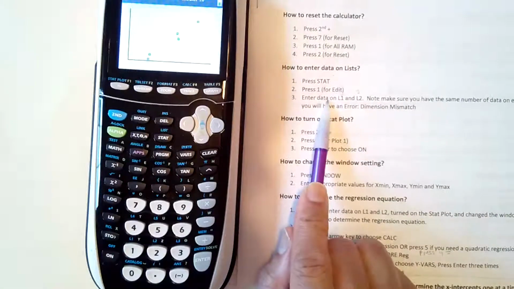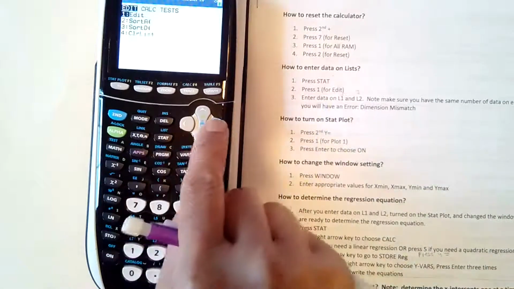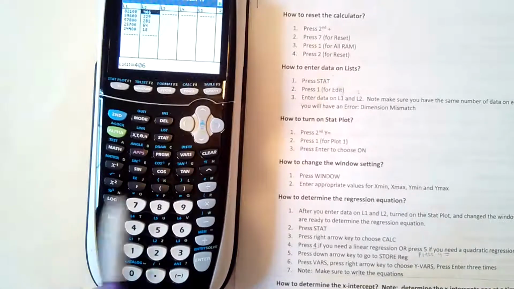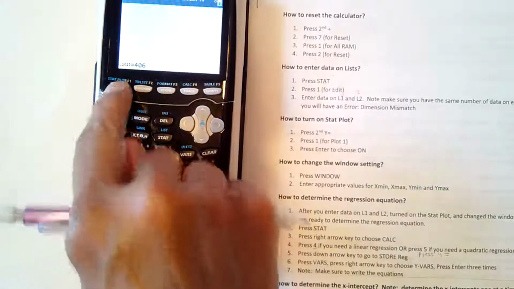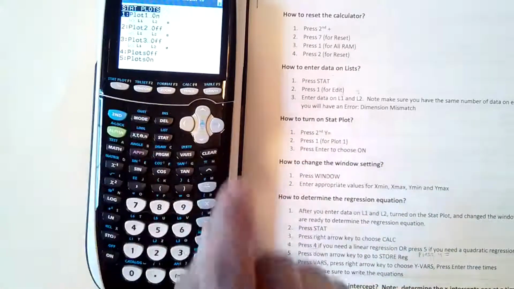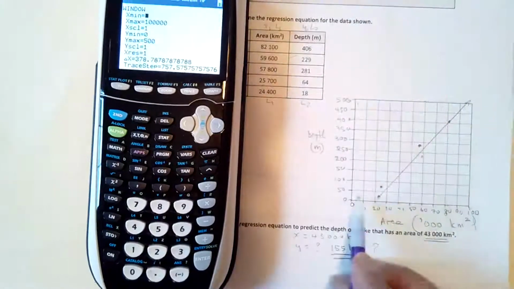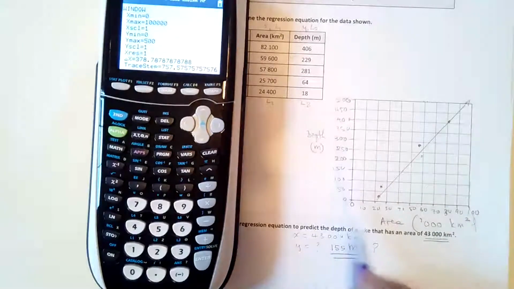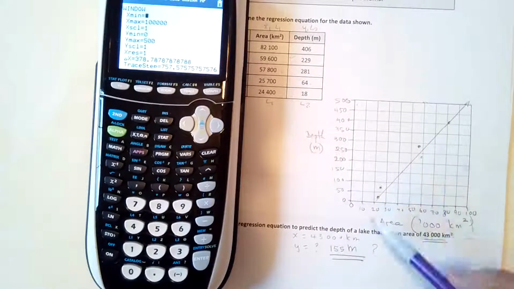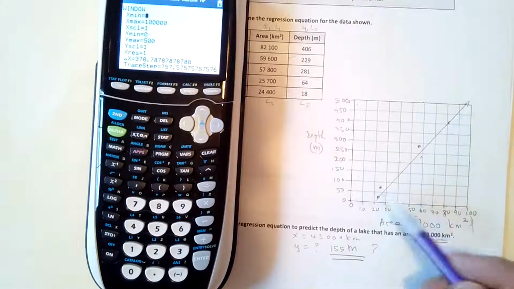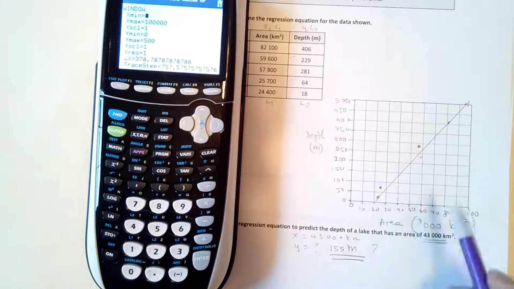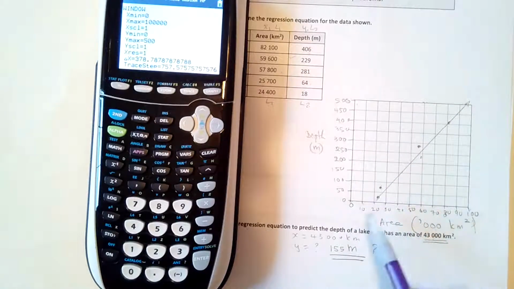Then we enter our data, pressing the stat button and enter, which we already have here. Next, we go to second and put our stat plot on, making sure it's on. Next, we set our window according to our domain and range. This is one of the reasons I wanted to do a sketch on paper, so you can see the range.